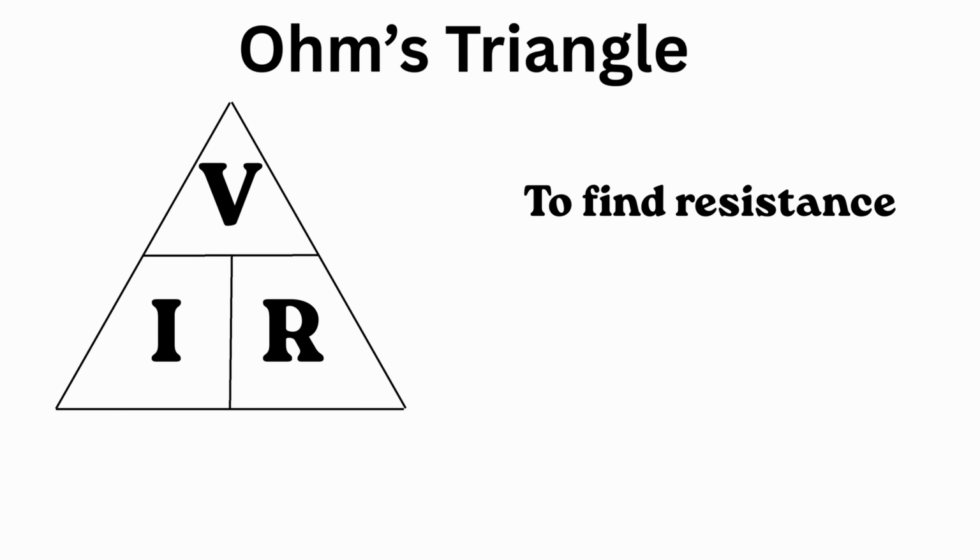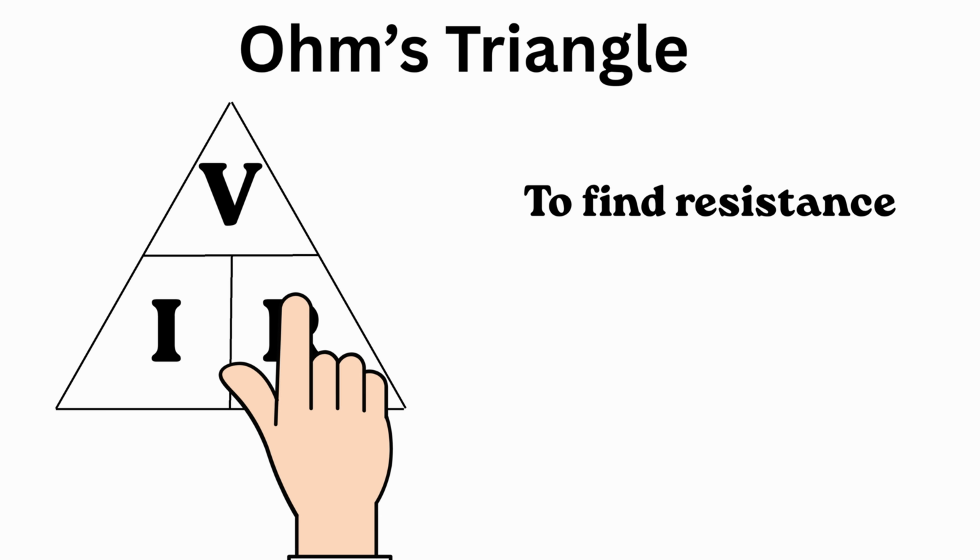And to find resistance, cover the letter R. You get V divided by I. So resistance equals voltage divided by current. So with just this one triangle, you can remember all forms of Ohm's law.